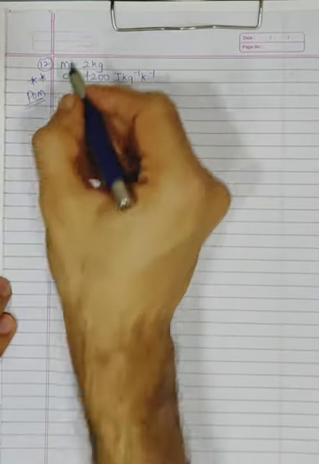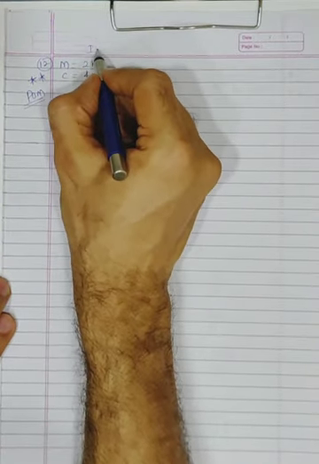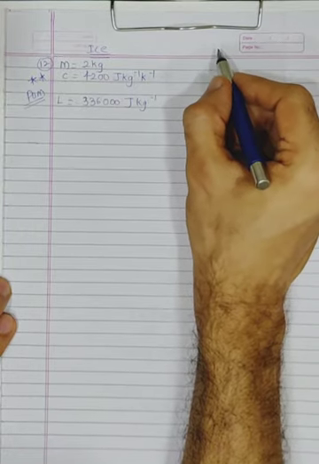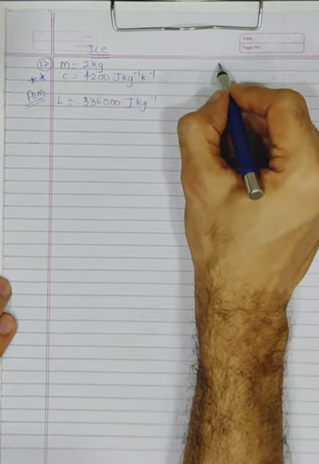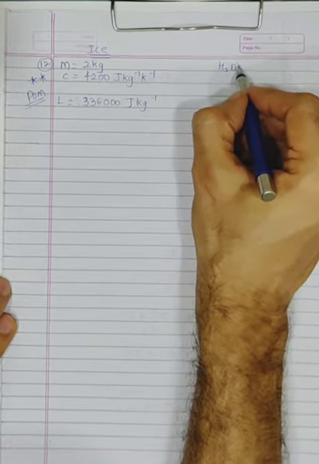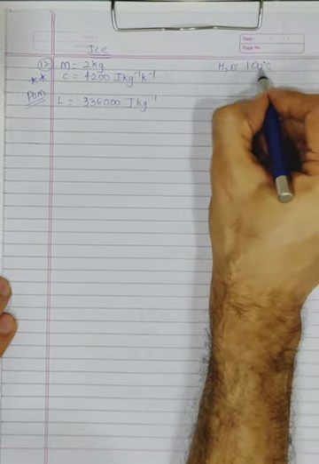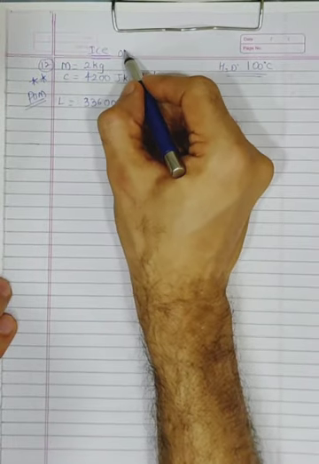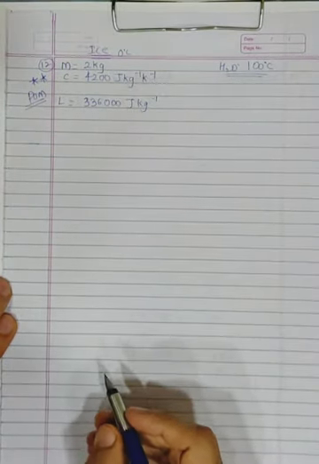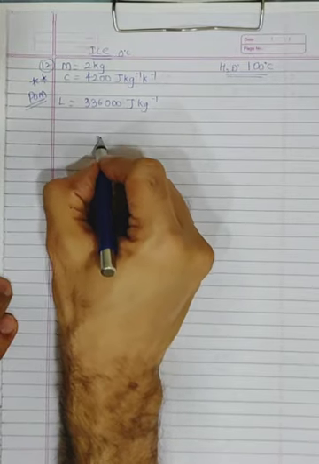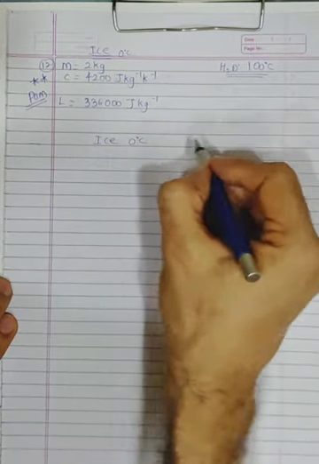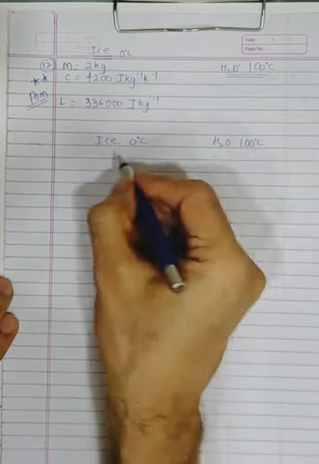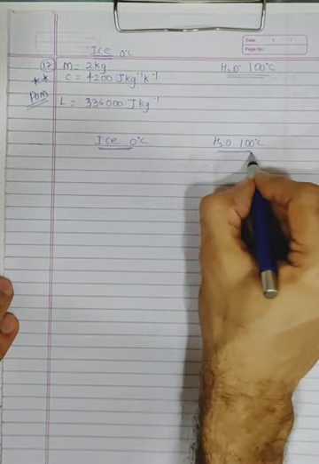So now there are two things here. There was 2 kg of ice, right? And they're asking us what mass of water was used. So here, what do you have? Water at 100 degrees. Now when you're mixing ice at 0 with water at 100 degrees, see what will happen. First we'll make the flow chart. So look, ice at 0 and water at 100 degrees.